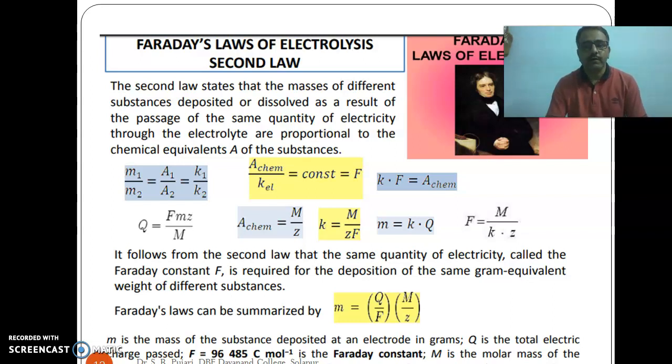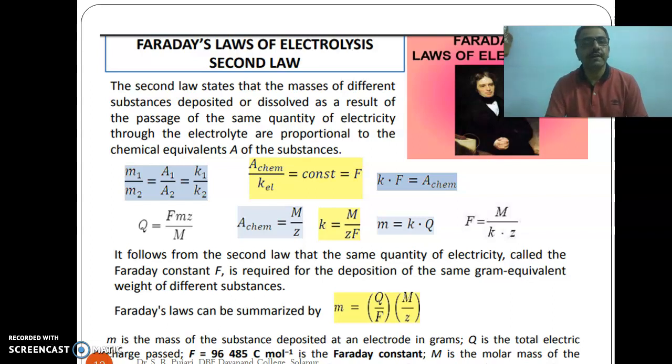For example, if you take different electrolytic cells, connect them in series, and pass 1 Faraday of electricity, you will always get exactly the chemical equivalent of that metal on the cathode surface.